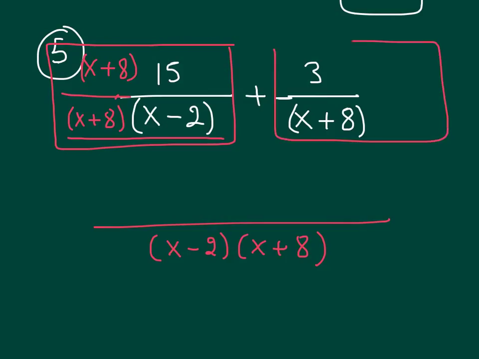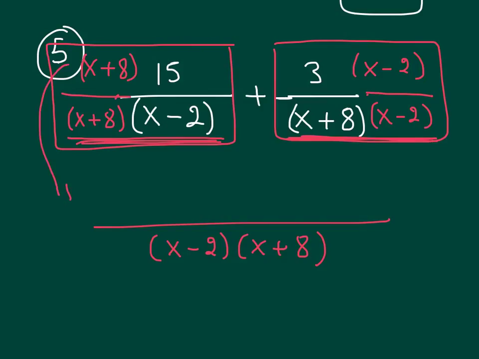Here we have to multiply top and bottom by x minus 2. If you multiply the top by x minus 2 and the bottom by x minus 2, you will see that this denominator here and this denominator here are exactly the same, they're a common denominator. So now we're going to have to copy this numerator.